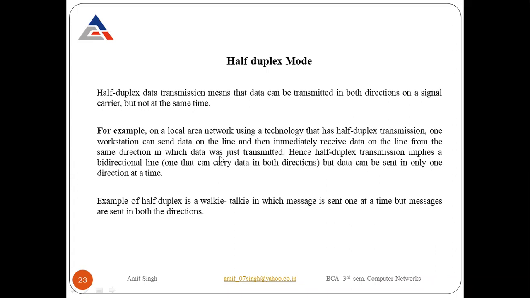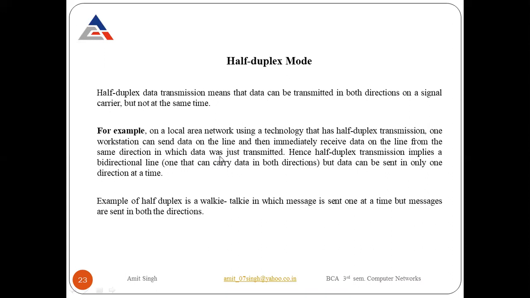Hence, half duplex transmission implies a bidirectional line, but data can be sent in only one direction at the same time. This example also shows the one thing that should be clear in your mind. In the case of half duplex, both systems can send and receive data, but they are not able to send simultaneously. Clear?